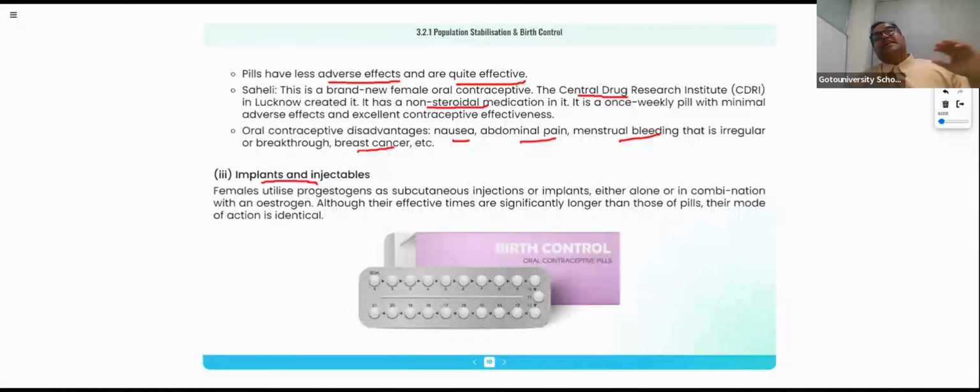Deviates menstruation cycle, hidden sentence for that: ovulation is interrupted. Hidden sentence of ovulation: egg release is interrupted. Hidden sentence of egg release interruption: fertilization is interrupted. So we need to bring all the hidden points beside this point, then only we can get the maximum score. Or else, if you write just like this, without any reason, they will reduce a mark, right?